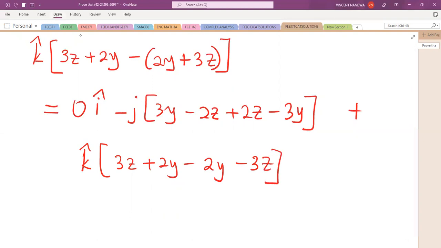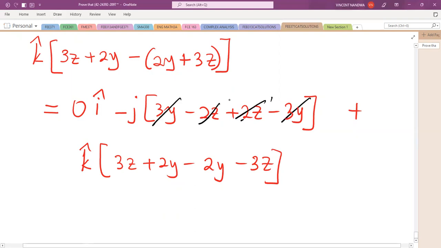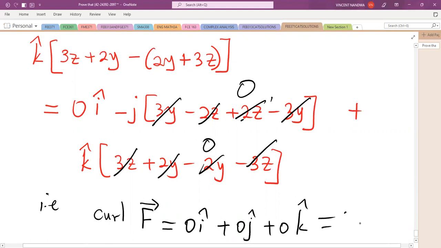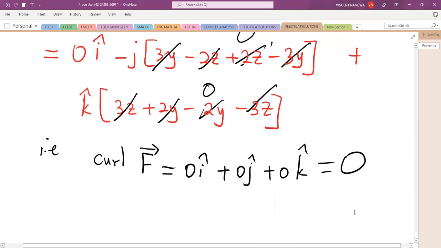It can be seen clearly that these cancel out, so this will be 0. That is, the curl of f is 0i plus 0j plus 0k, which is simply the 0 vector. So this means that f is irrotational.